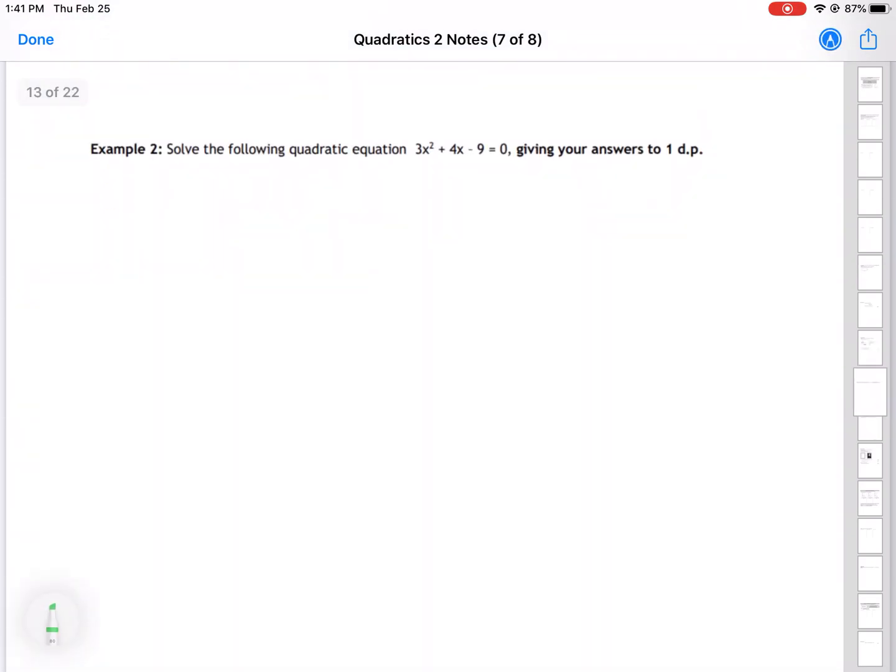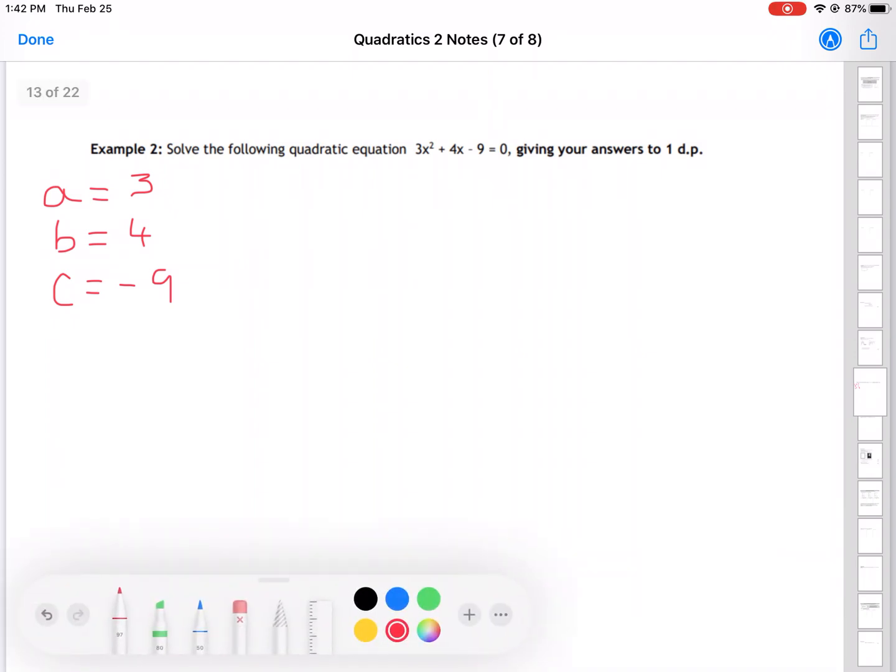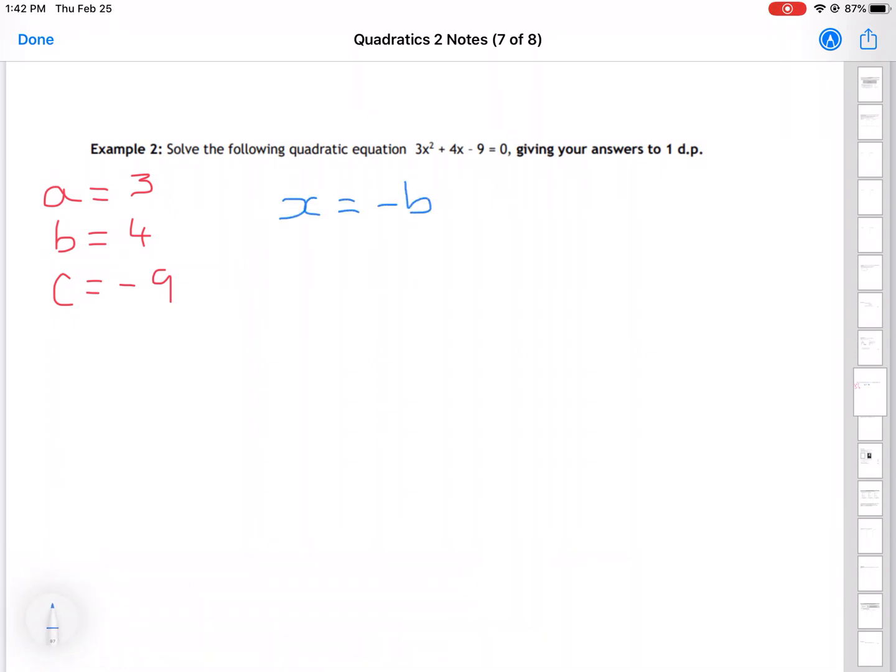Okay, the next one here, we are given a quadratic equation again. We can find our values of a, b and c and substitute them into the formula. So a is 3, b is 4 and c is negative 9. x then, for our quadratic formula, is negative b plus or minus the square root of b squared minus 4ac all over 2a.